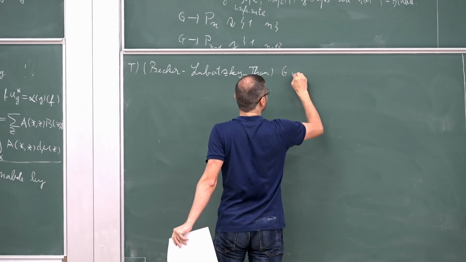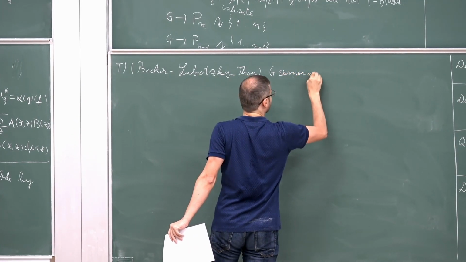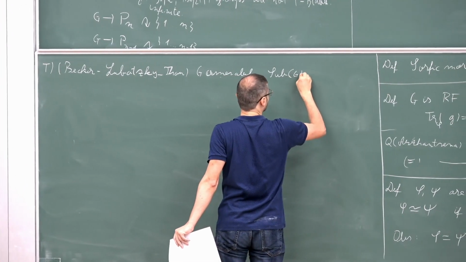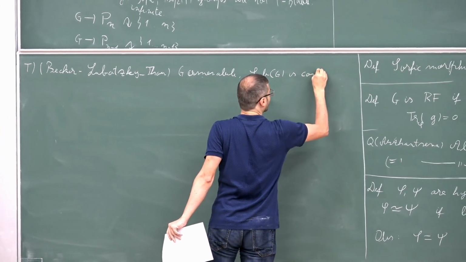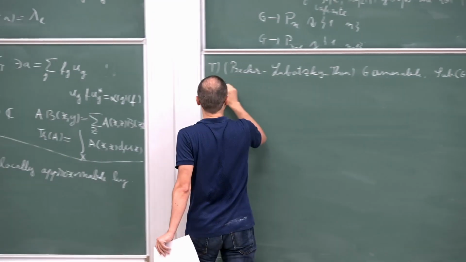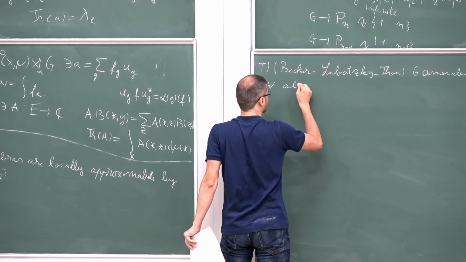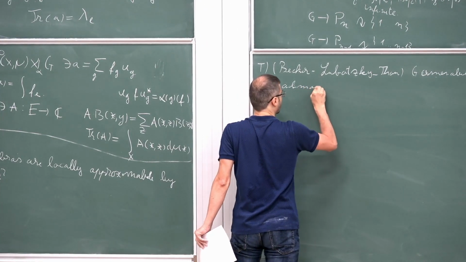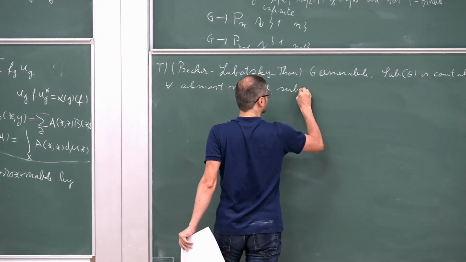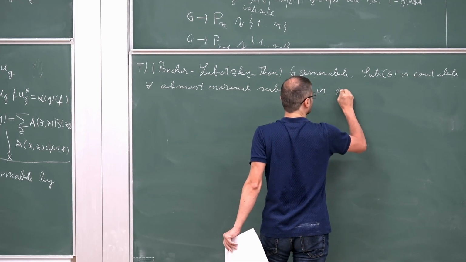If G is amenable, countable subgroups, and each almost normal subgroup is profinitely closed.